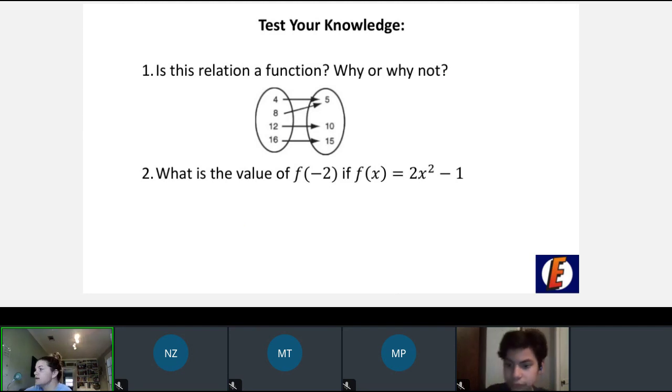So yes, it's a function because, or no, it's not a function because. And then you're going to tell me what's the value of f of -2. I don't know why that little arrow is on there. f of -2. And you're going to tell me what number you get for y.